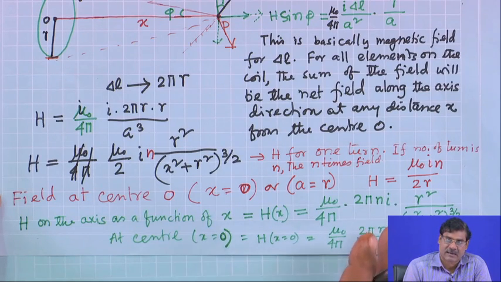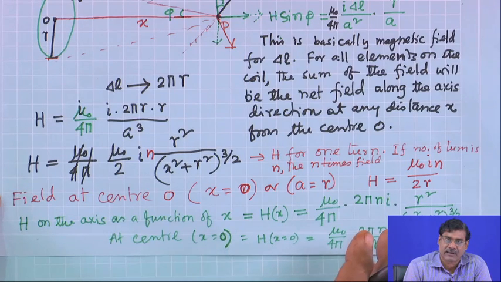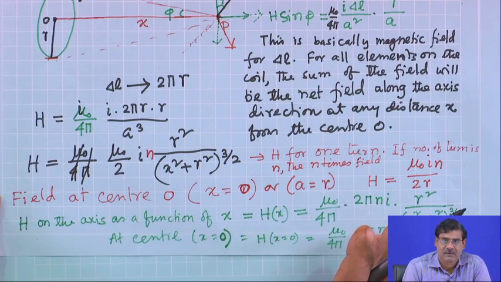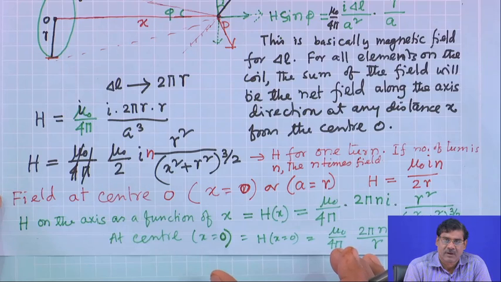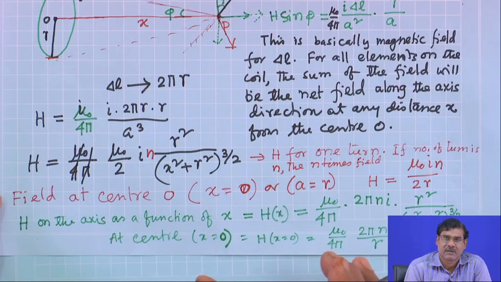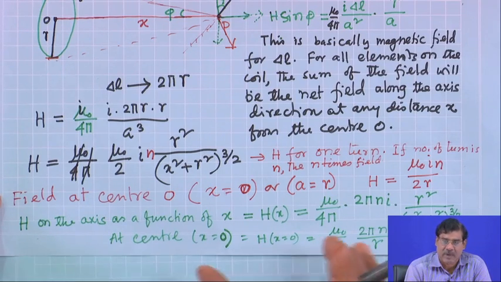If these two coils are identical and placed coaxially at a distance equal to the radius of the coil, then it is a Helmholtz coil, just the name Helmholtz coil. Okay. And then between these two coils, if the distance is equal to the radius of the coil, we will get uniform magnetic field.